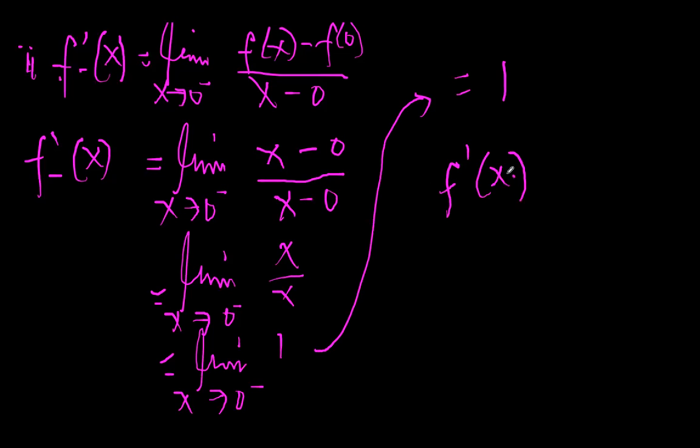By the way, this is 0, since we have already substituted. And this is 1. Okay, the derivative from the right is not equal to the derivative from the left, which is 1. Why? Because this is undefined and this is 1.